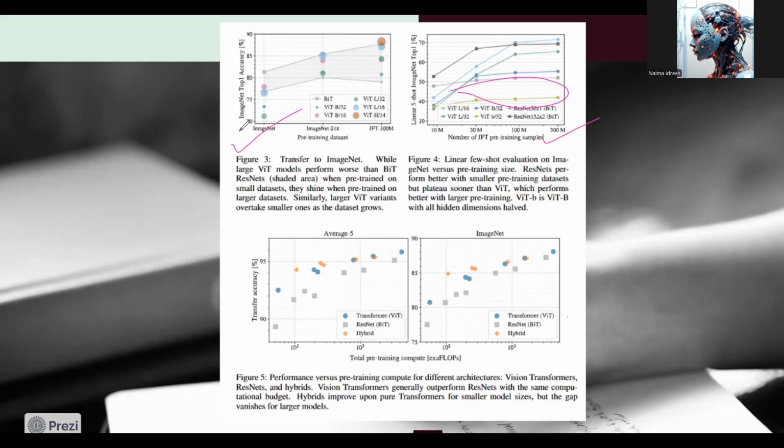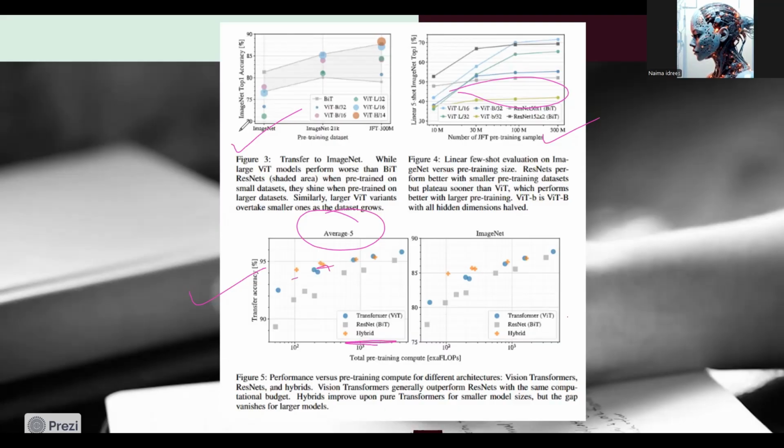And here on the bottom left, on the average across the tasks, Vision Transformer outperformed ResNet at the same computation cost. Hybrid is actually a mixture of CNN and transformer, which gives improvements at the same scale.